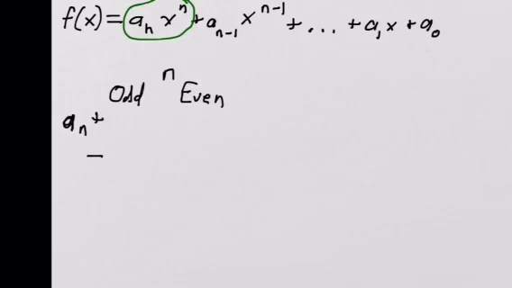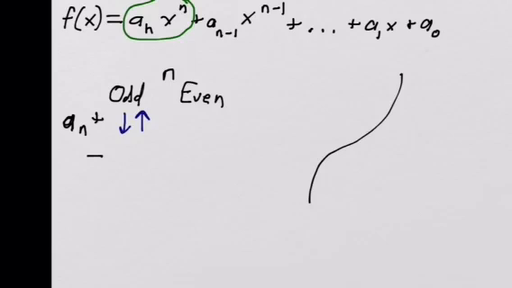So we could see this if we were to graph something like x cubed. It looks like that. Now we're only concerned about what it's doing at the end. So an odd numbered n with a positive leading coefficient is going to be going down to the left, then up to the right.